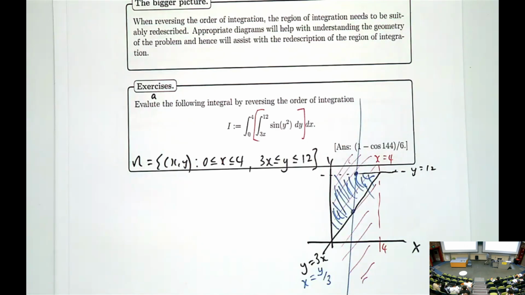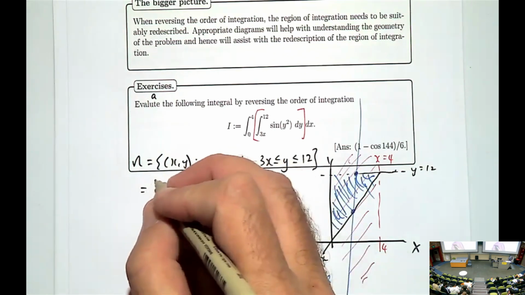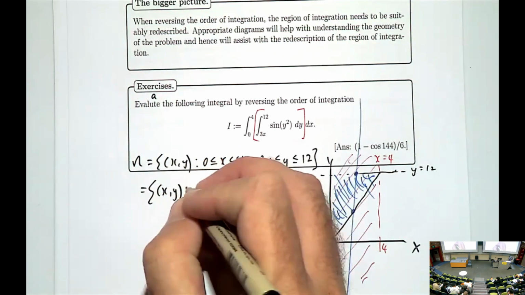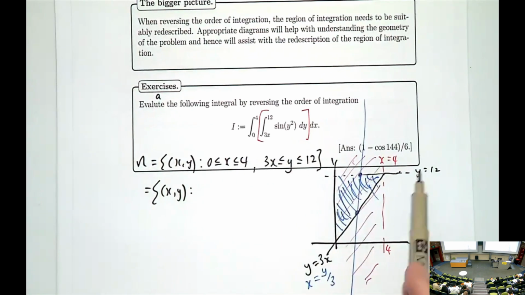So, let's try that. Who can tell me what our two horizontal parallel lines are going to be for the boundary for y? 0 and 12. Exactly. Okay? 100%.